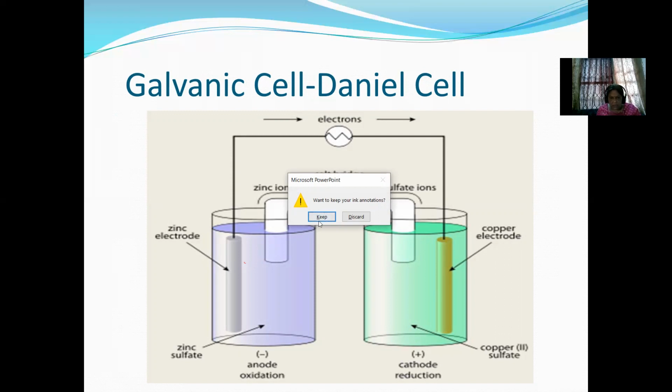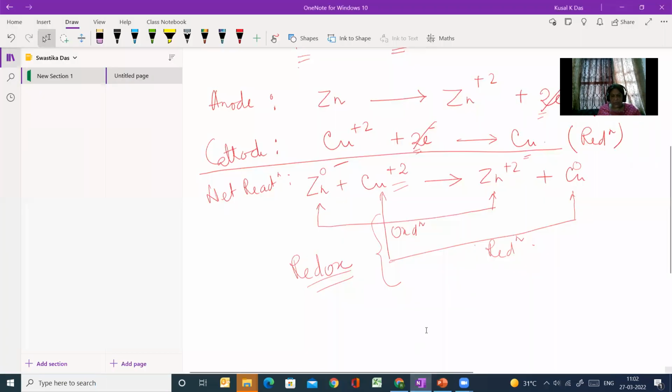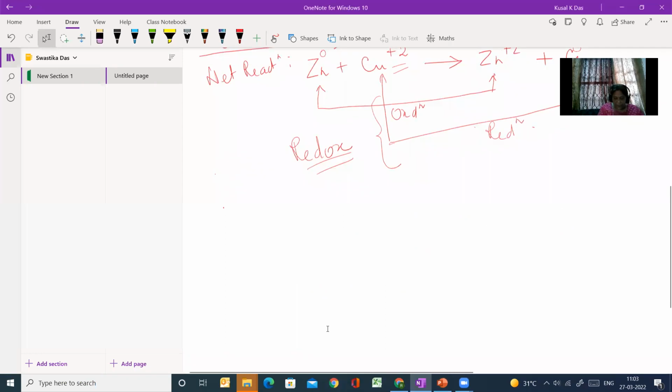The difference in these electrode potentials will give you the EMF of the cell, the electromotive force of the cell, like what is the voltage of the cell generated by using the two electrodes. That is called the EMF of the cell, right?